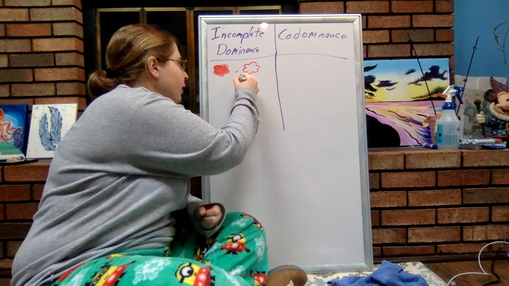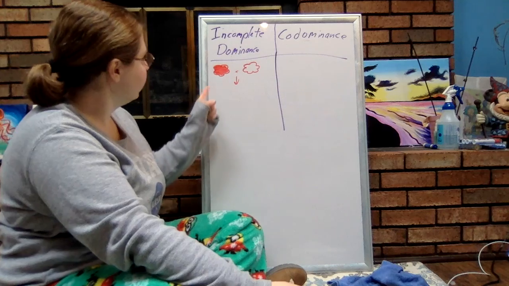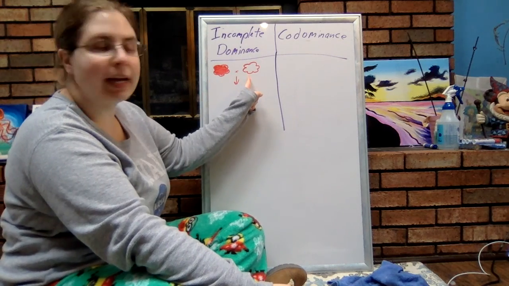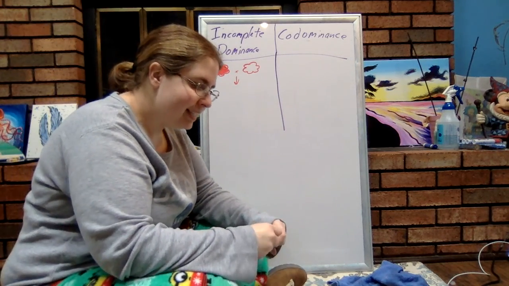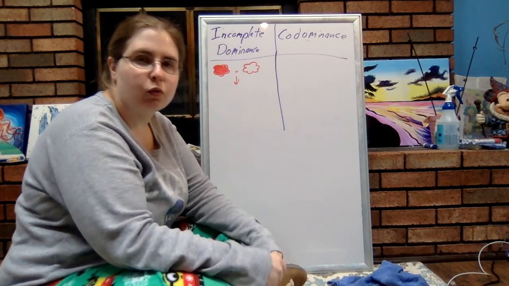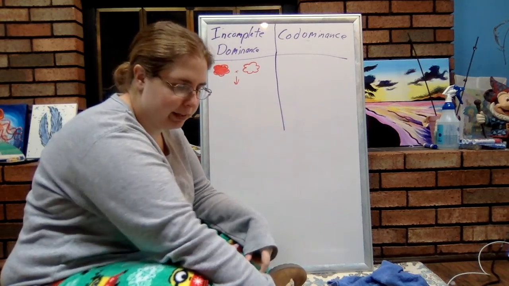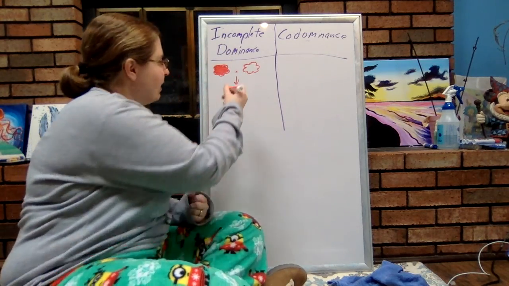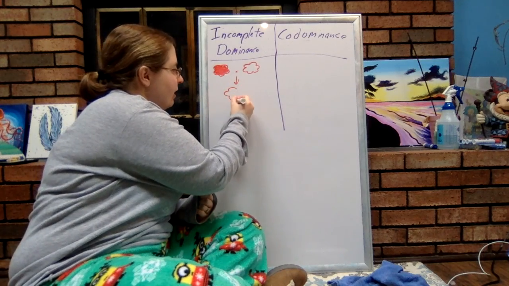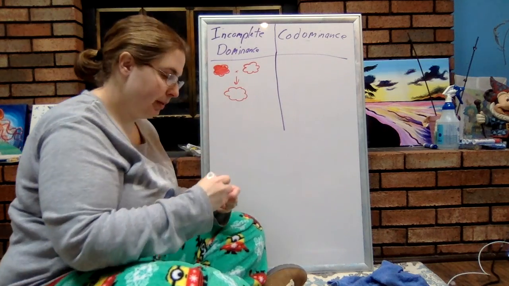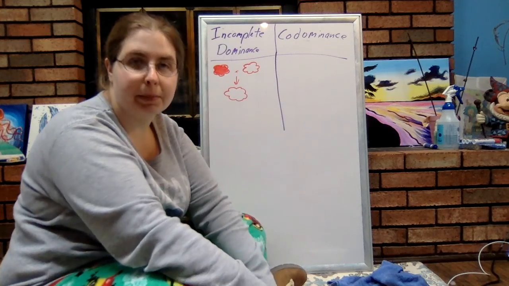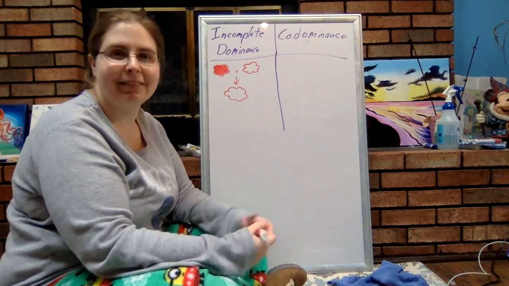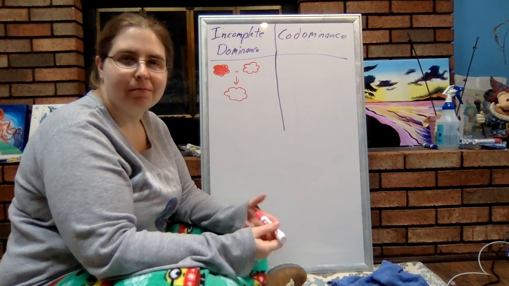So when we get the offspring, and the offspring are heterozygous, meaning they have a red allele and a white allele, when it's incomplete dominance, that means we see an in-between. The traits mix and blend together to show some sort of intermediate. What do you get when you mix red and white?